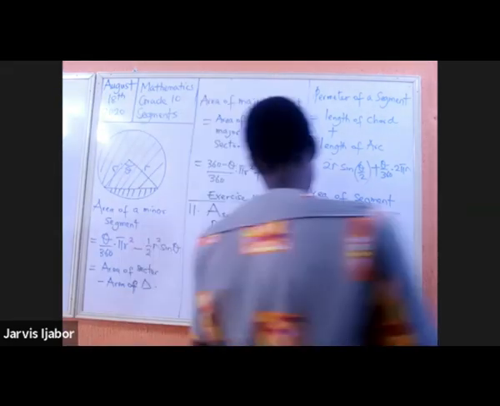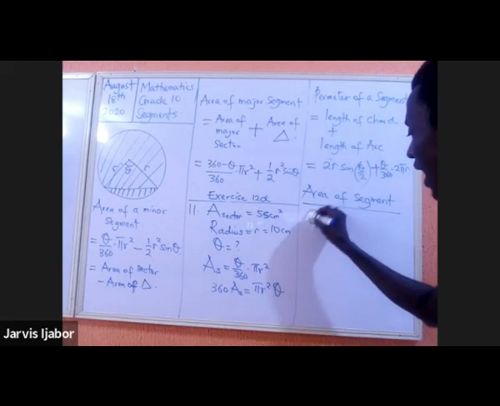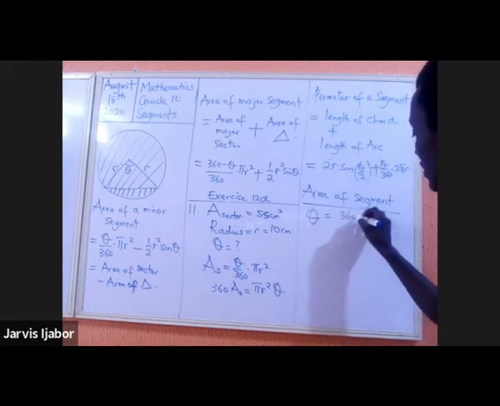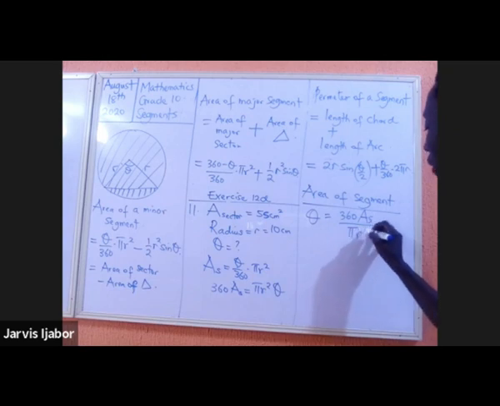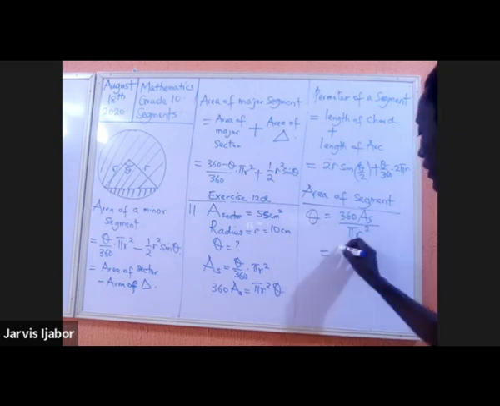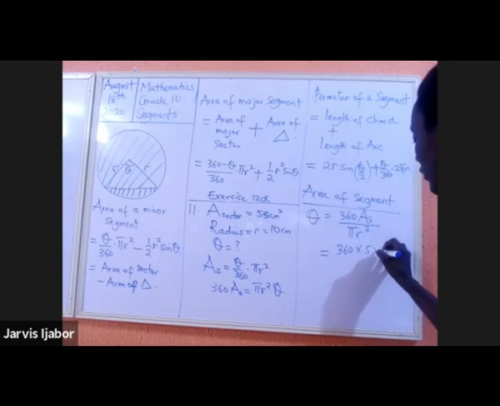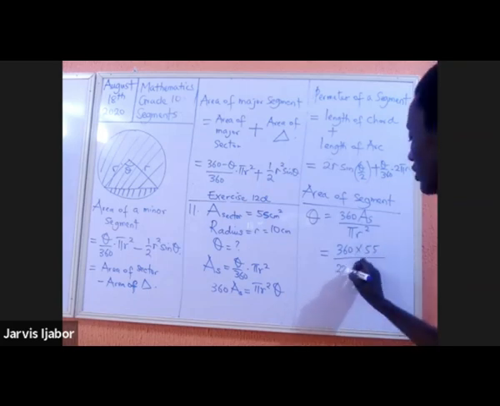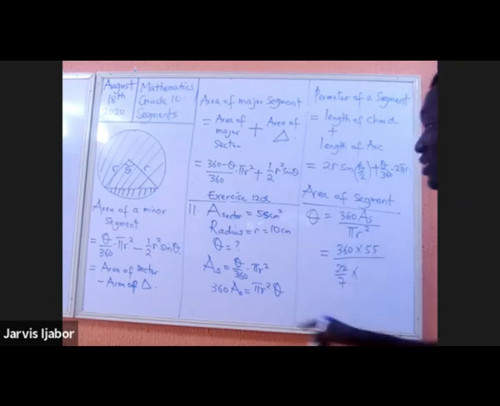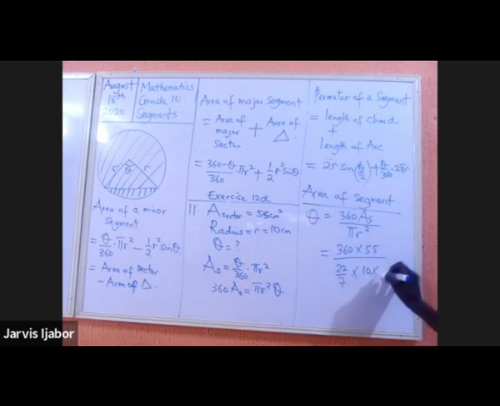So theta will be equal to 360 times the area over pi r squared. That will be 360 times 55 over 22 over 7 times the radius, which is 10, multiplied twice.